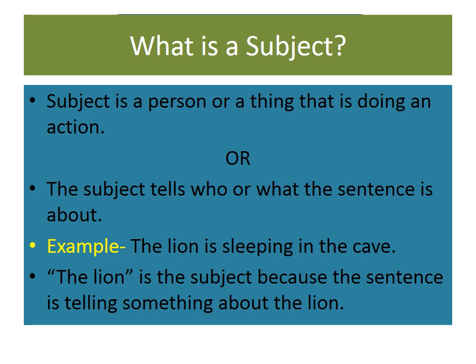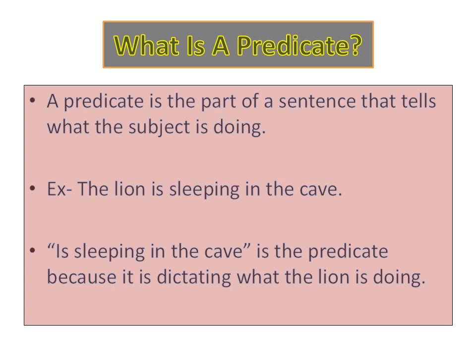So the question will be, who or what is sleeping in the cave? And the answer comes, the lion. So the lion is the subject. It's very easy to understand. Students, it was really quite easy to find out subject in a sentence.